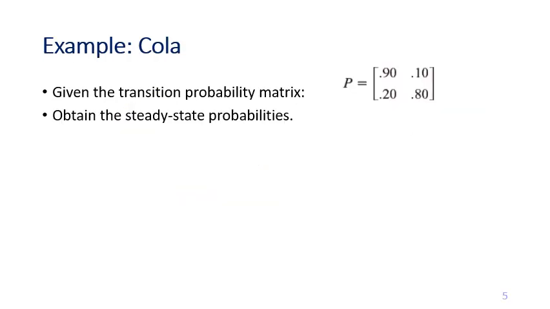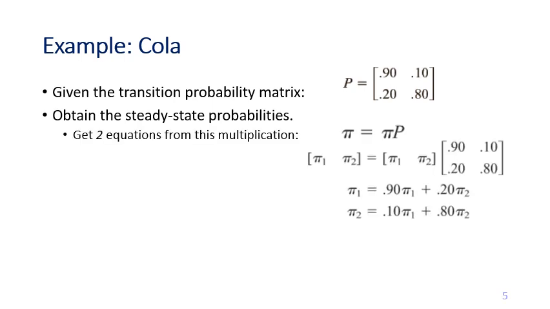Now let's see the Kola example again. Given the transition probability matrix that looks like this, we are trying to obtain the steady state probabilities. So we get two equations from the multiplication pi equals pi times P, and remember that pi here represents a row vector that looks like this.